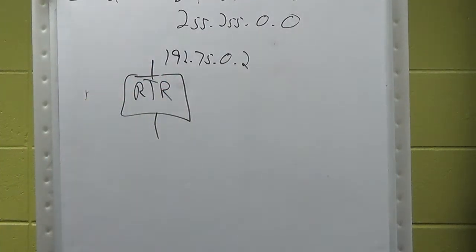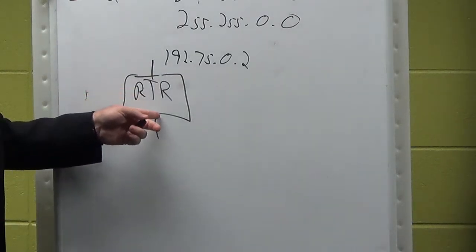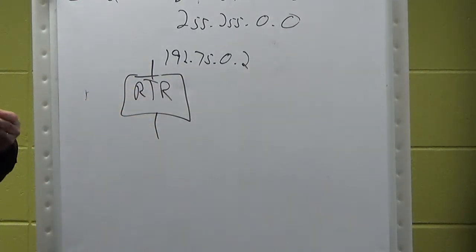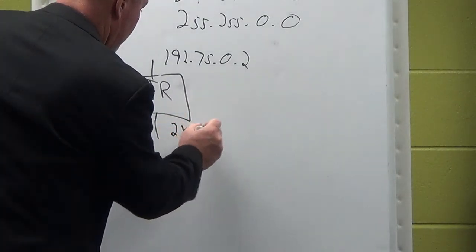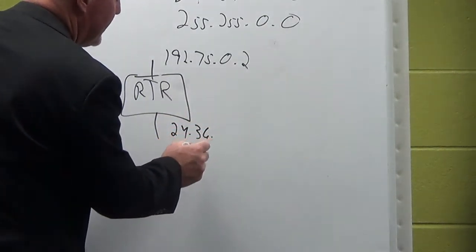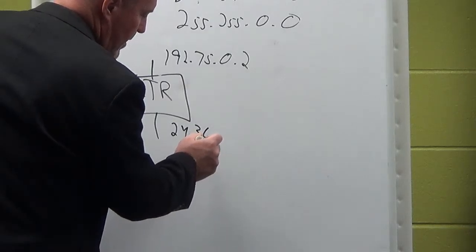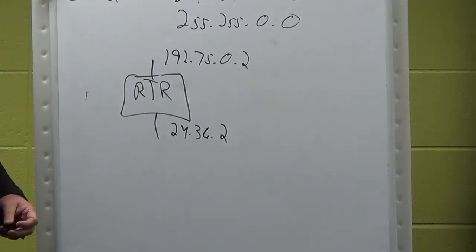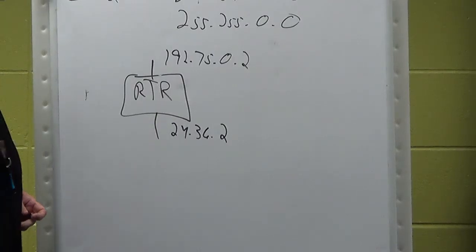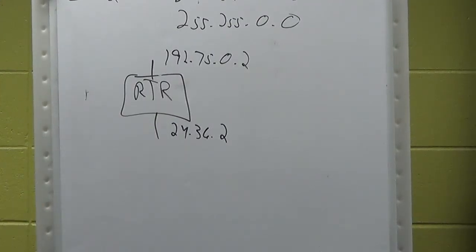Okay, so Miguel, give me an IP address for the router interface that's in Indianapolis. 24.36. You're missing an octet. Nope, an IP address for a host cannot end in 0 or all ones.